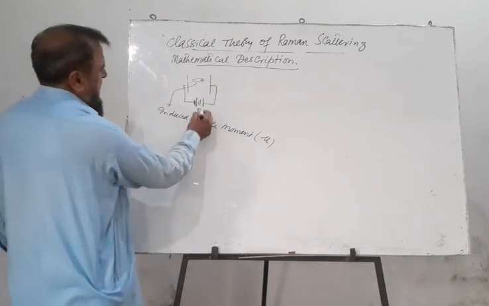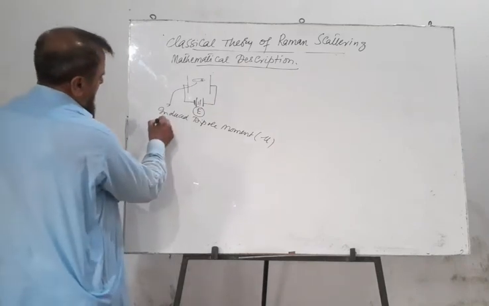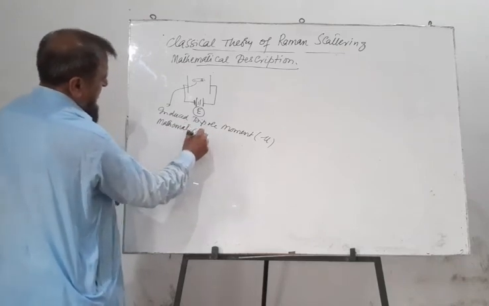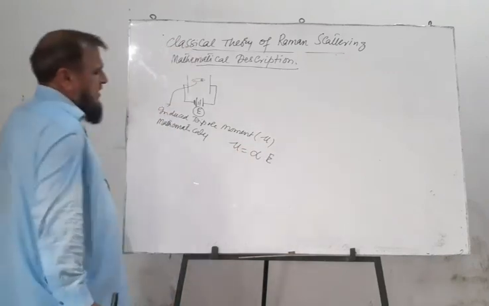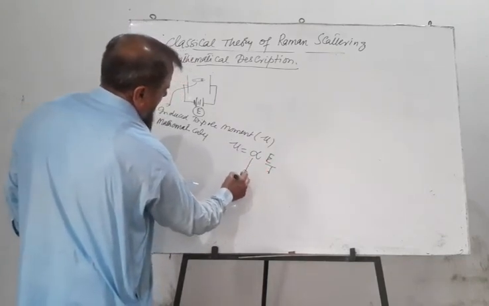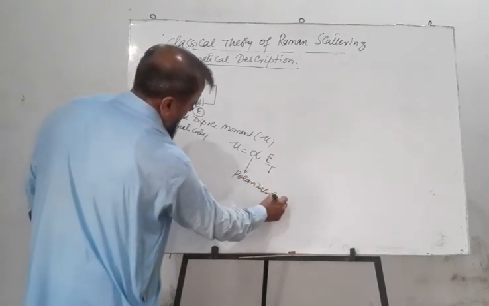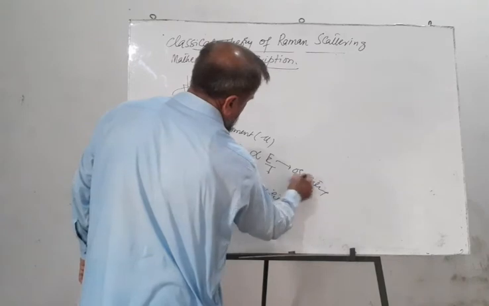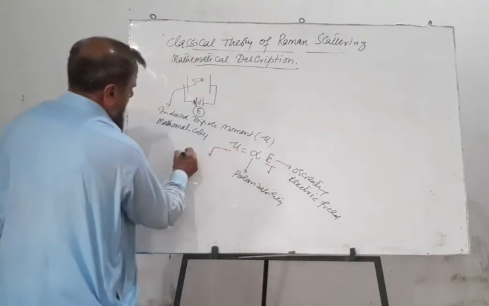This induced dipole moment directly depends upon the strength of the electric field. Mathematically, we can write mu is equal to alpha E, where E is the applied oscillating electric field, alpha is polarizability, and mu is the dipole moment.